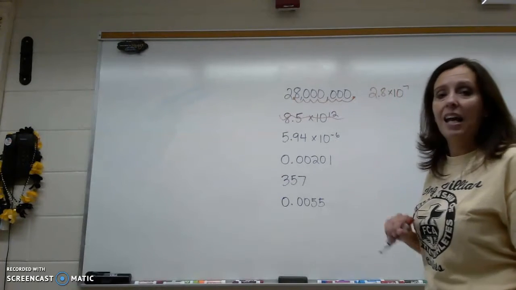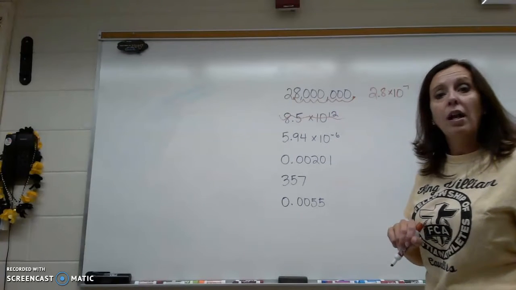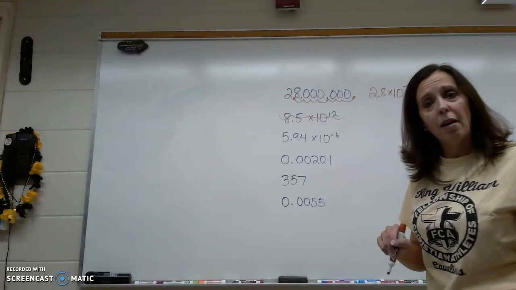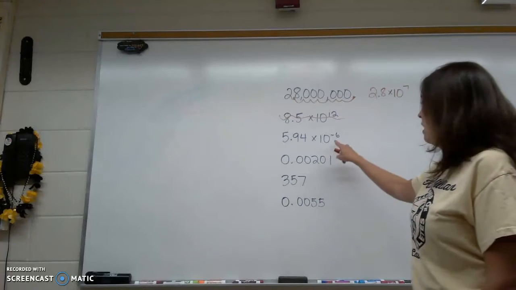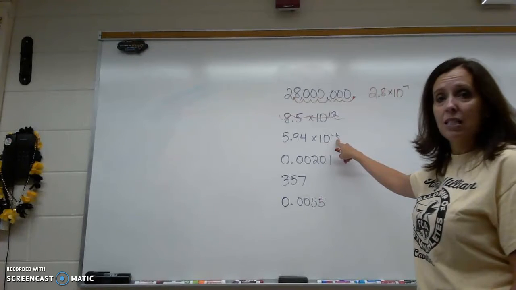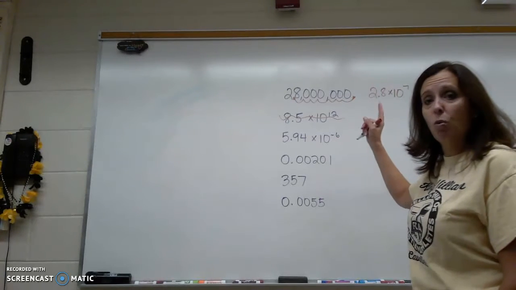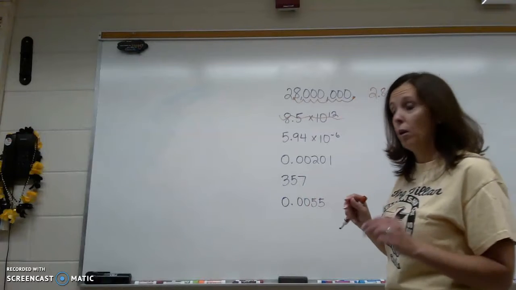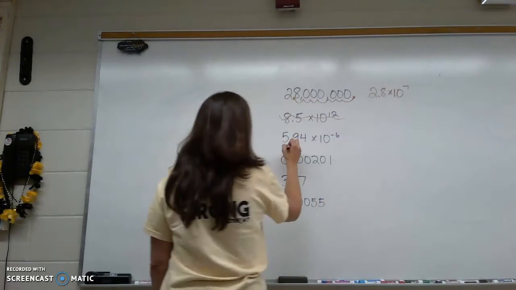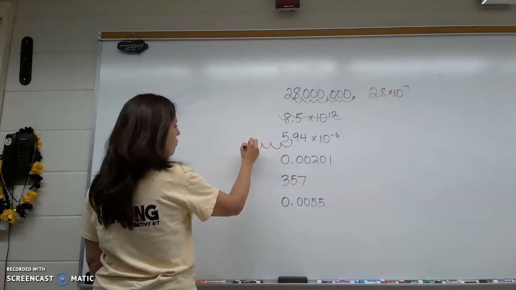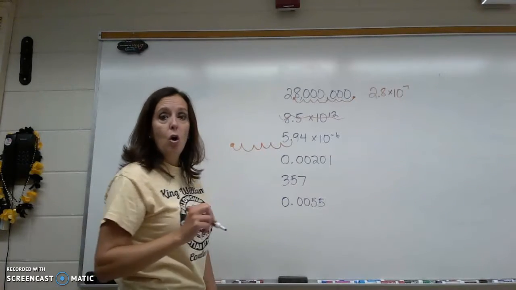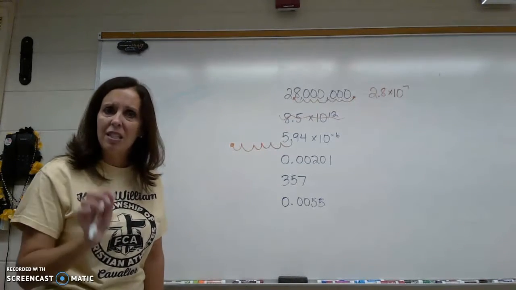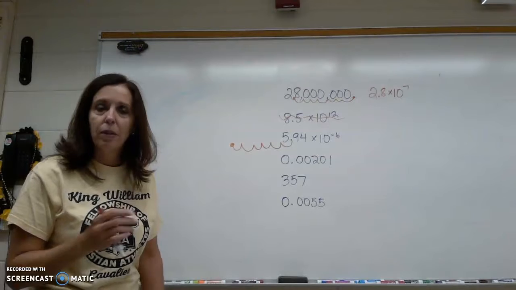Now, I'm going to scratch through that. I want to get to this negative exponent here. When I see a negative exponent, that means that original number was really tiny. It was a decimal number. It means I have to move my decimal 6 times, but this time my decimal is going to the left side. I'm going to make a small number. So, 1, 2, 3, 4, 5, 6. I put my decimal there. What do I put in my little divots or my little things that I just drew?